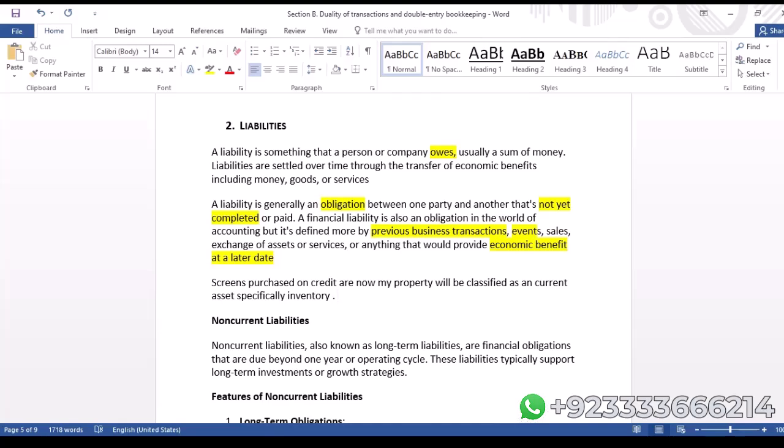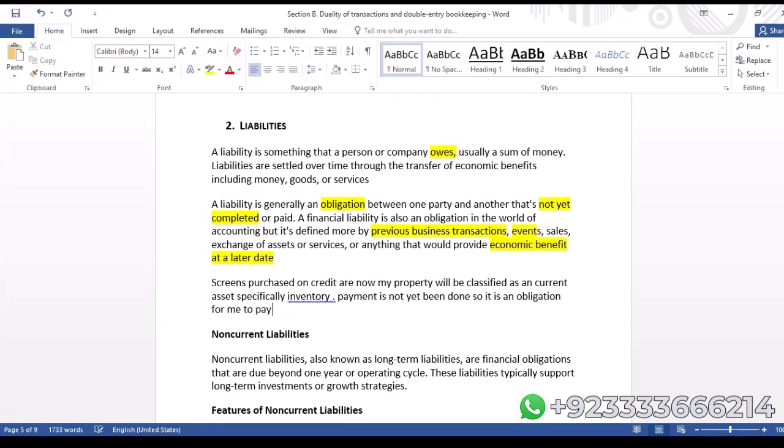But now I have to pay for it. So the payment has not yet been done. So it is an obligation for me to pay for the screens I have taken, which means it is a liability for me.